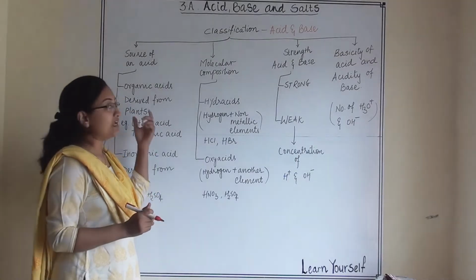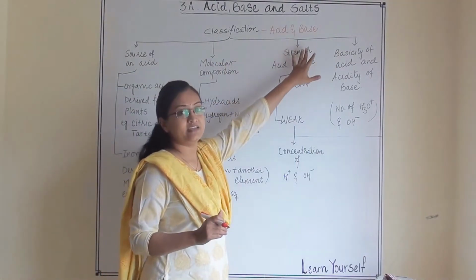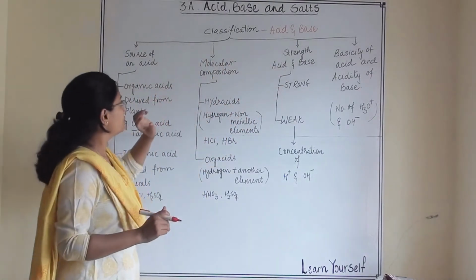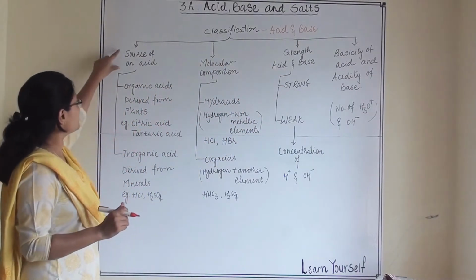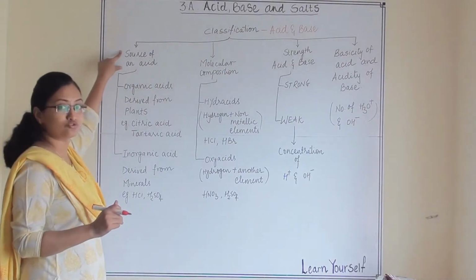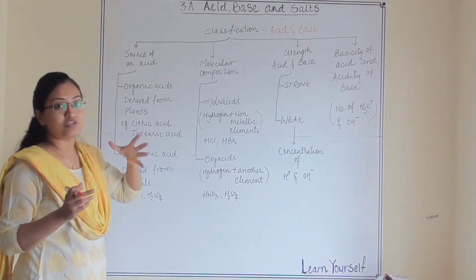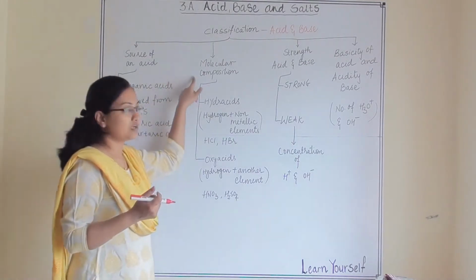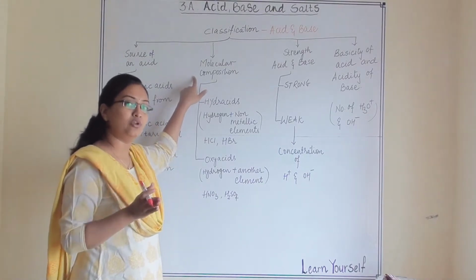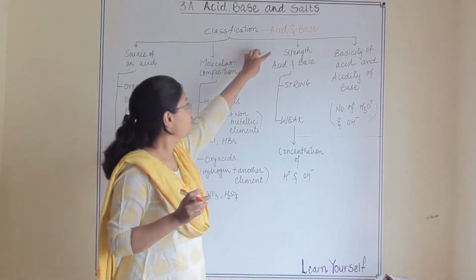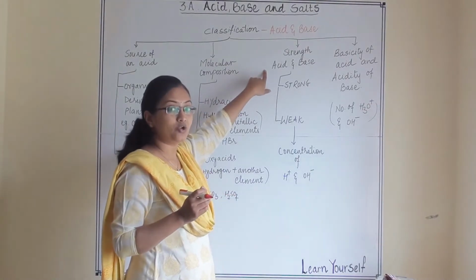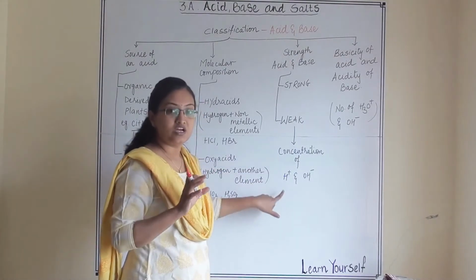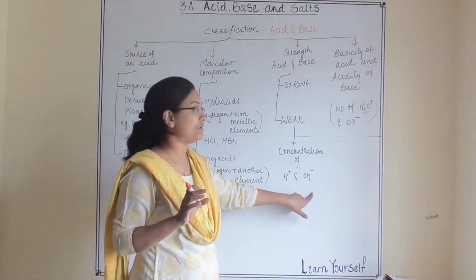Now we will see the basic classification between acid and base. So there are 4 criteria to classify acid and base. First is source of an acid or source of base. Source means from where we are deriving the acid and base. Molecular composition, the molecular formula of acid and base. Strength of acid and base. When we are talking about strength, then we are talking about the concentration of H plus ion and OH minus ion.